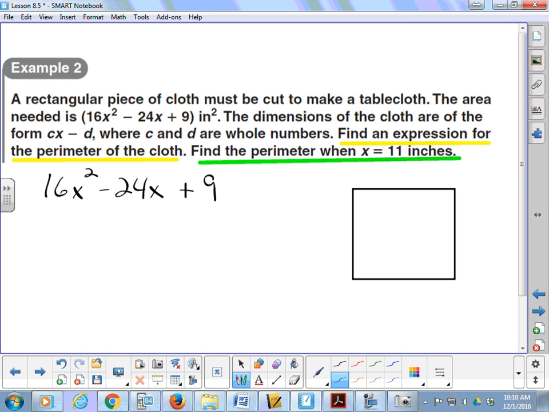Well, I just look at the ends to start with. Are they perfect squares? If they are, then this is a really easy problem, because it says it is a rectangle, so it must be 4x, and because this is a minus sign here, it's minus 3.